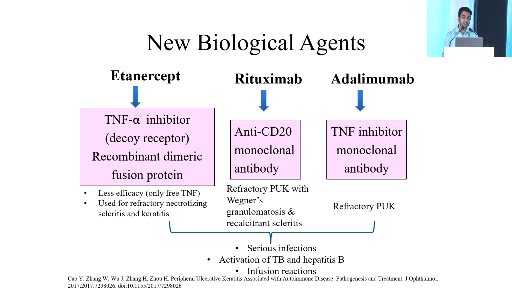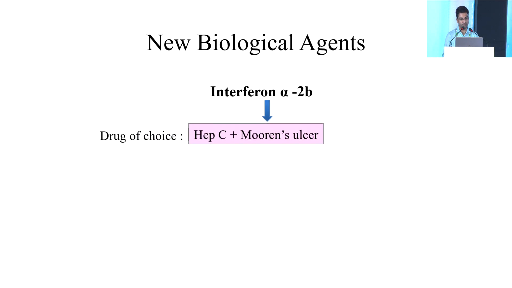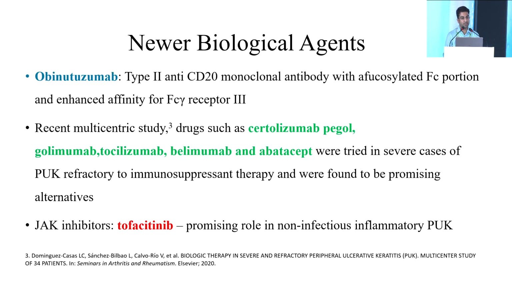All these can cause serious infections and activate dormant hepatitis B and tuberculosis. So you have to rule out infections prior to starting the treatment as well as during the treatment course. Or interferon alpha 2b can be given in cases of Mooren's ulcer with hepatitis C infection.